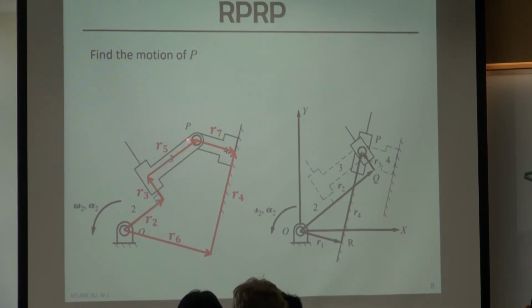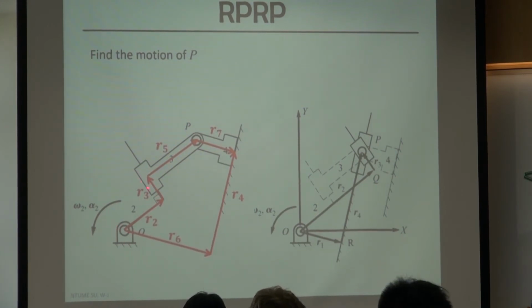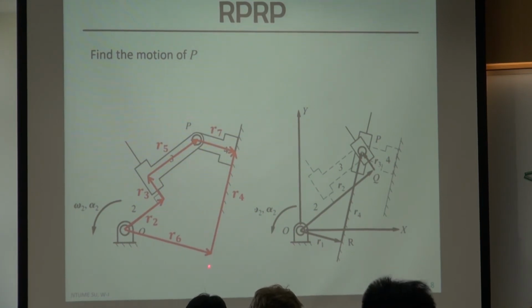I still follow the direction of these links, so I still have R2 and R3. Those just follow the original links. R5 indicates the length here, R7 indicates the length here, and I have another two, R6 and R4. R4 is along the sliding direction.